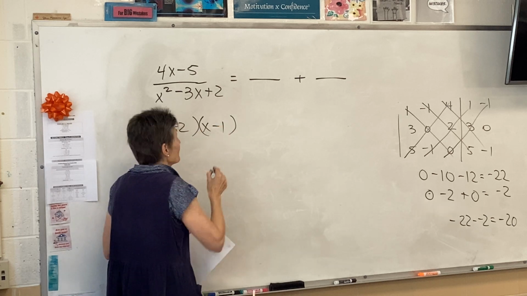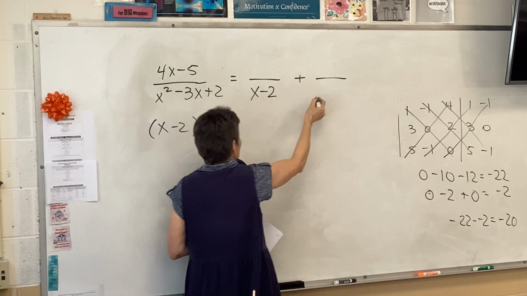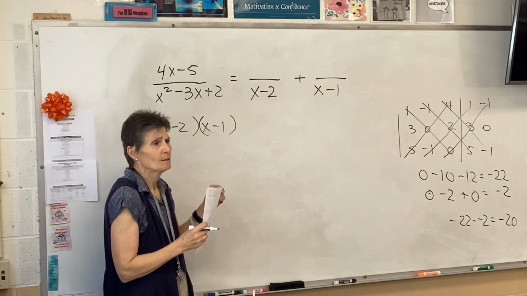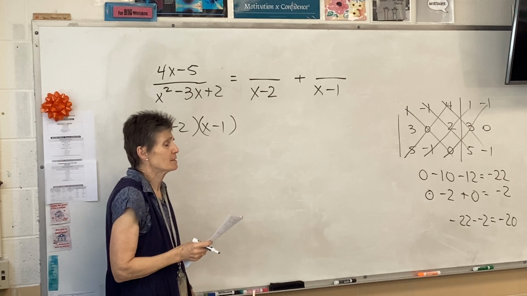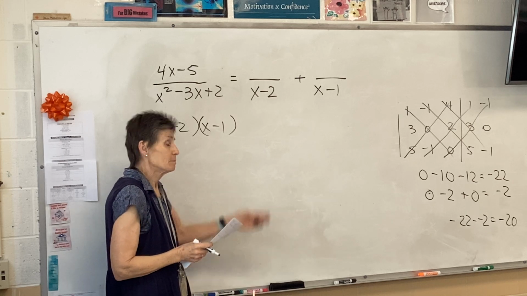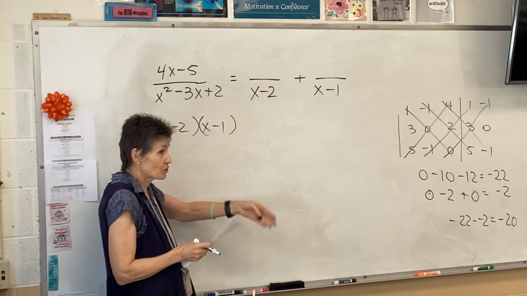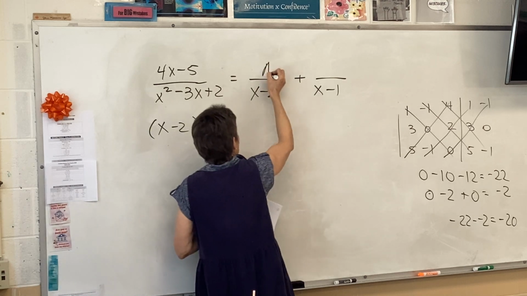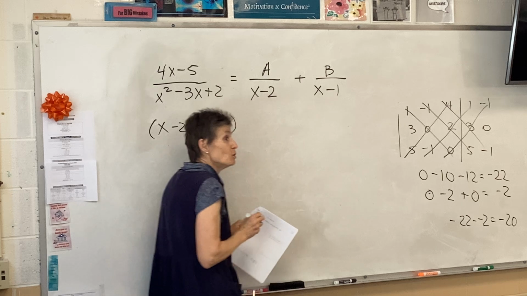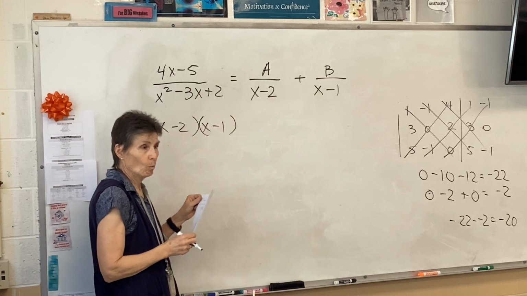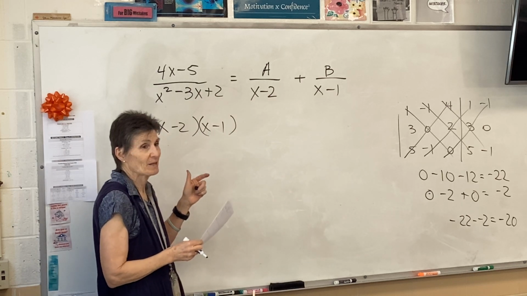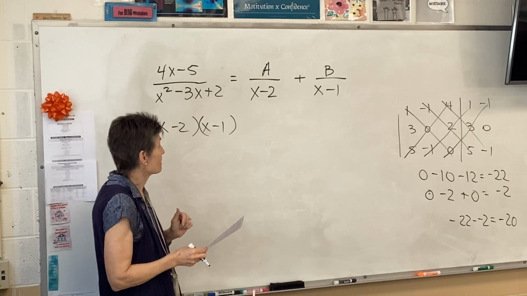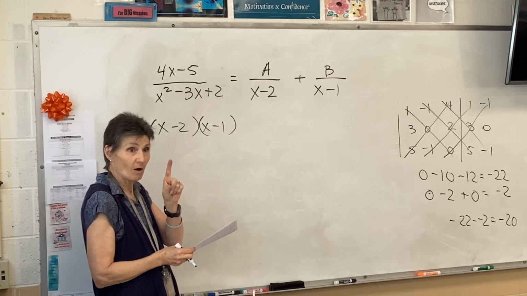And that means that my two fractions will be one of them over x minus 2 and one of them over x minus 1. And I need to figure out what the numerators are. I don't want to call them x or something, so I'm going to call them A and B, to separate them from the x's. All right, everybody good so far?